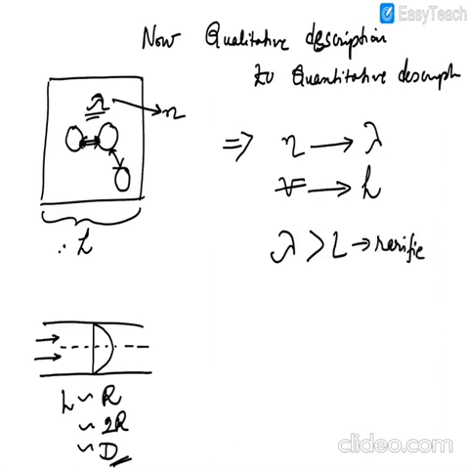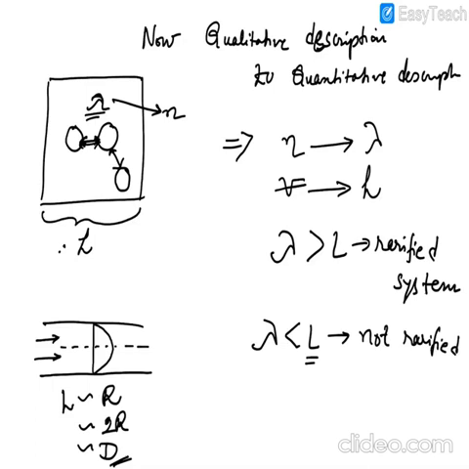On the other hand, if lambda is less than L, it is not so rarefied, as before traveling a distance L, it will again collide. That is the favorable thing, so that the molecule will not leave the system, and by doing that the uncertainty error will be less.